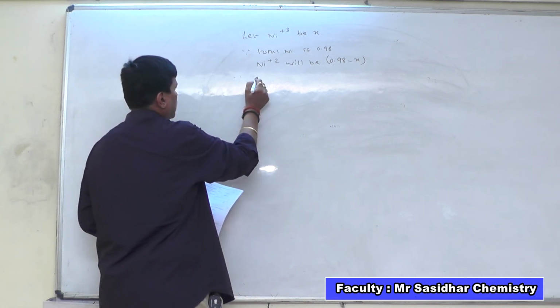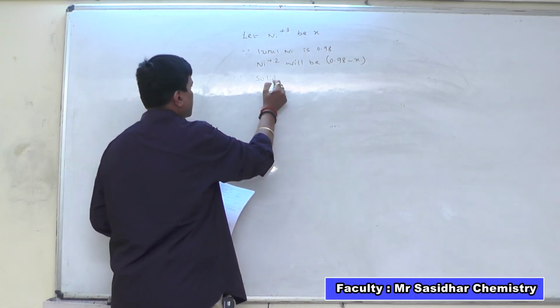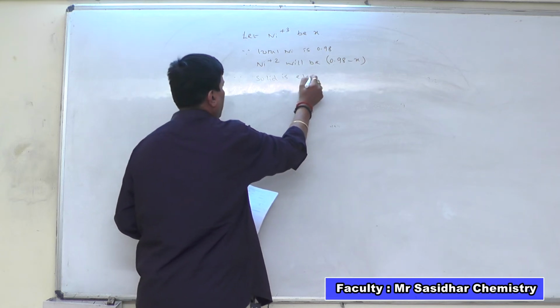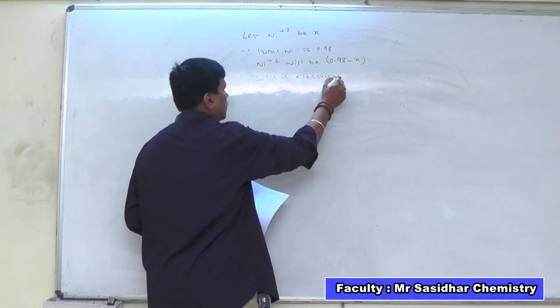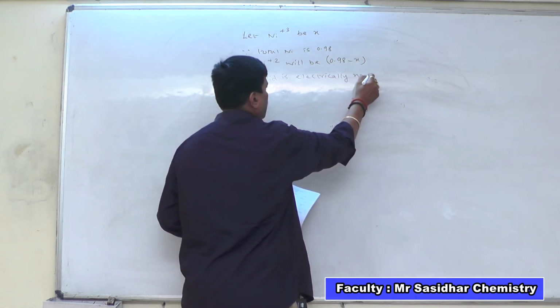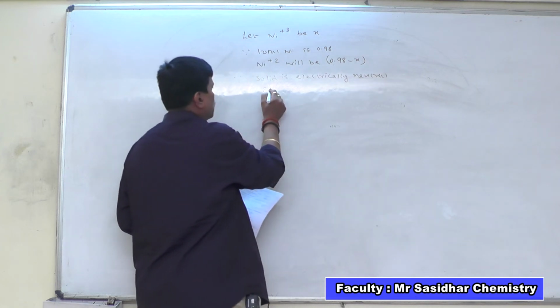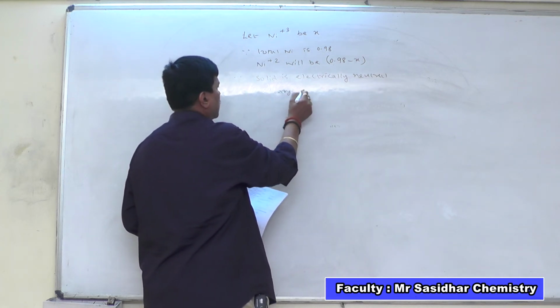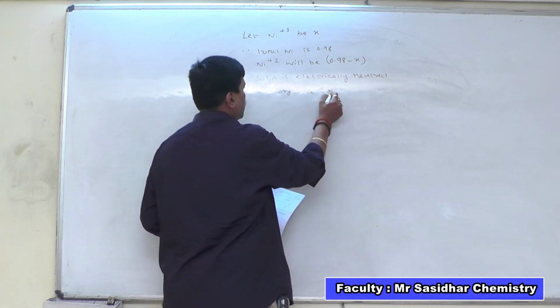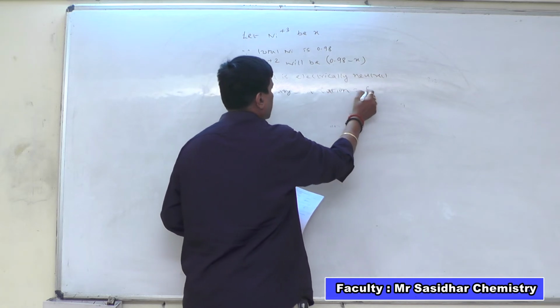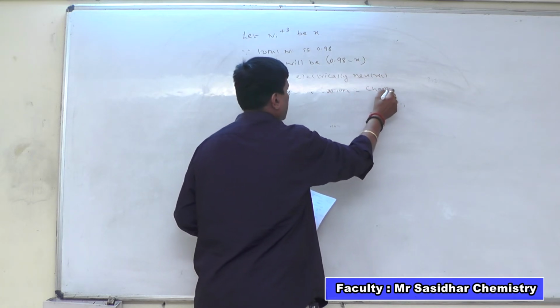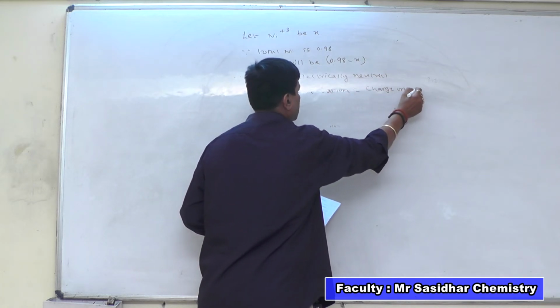Since solid is electrically neutral, charge on cation should be equal to the charge on anion in magnitude.